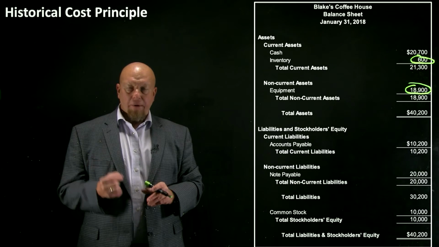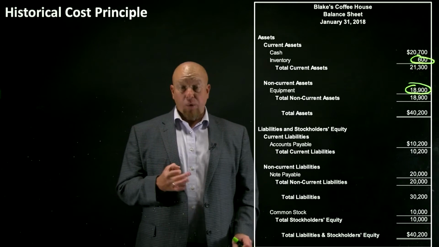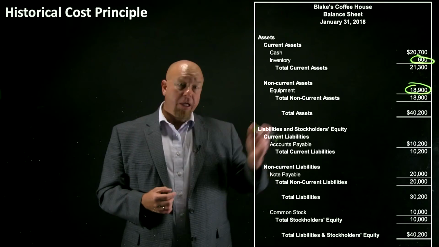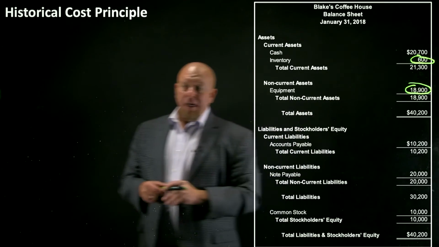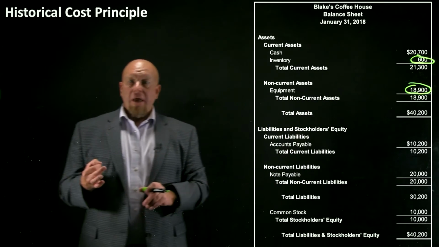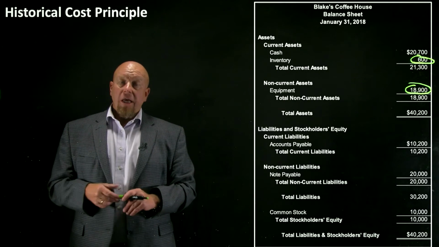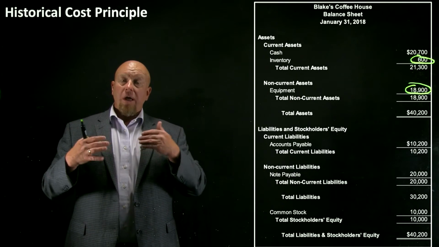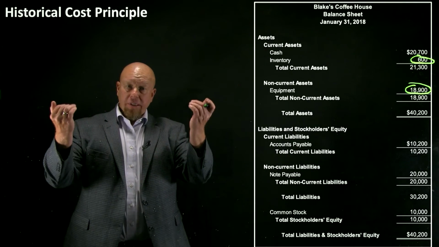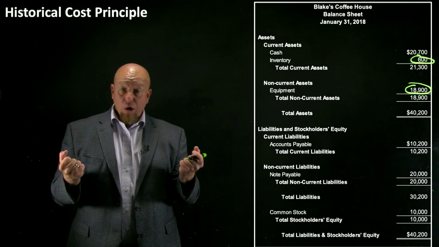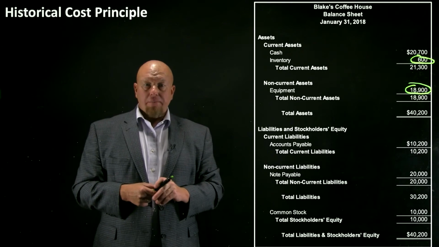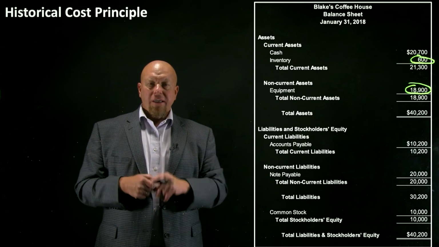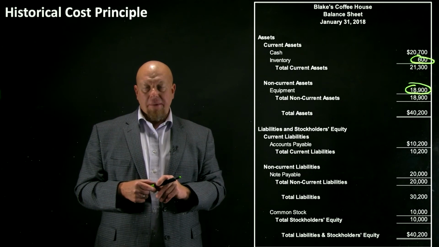It's very verifiable. There are instances where we might decrease the amount of the asset. For example, what if we bought this equipment and a couple of years later it became obsolete or nearly obsolete? We might choose to do what's called impair the asset. So we might record an impairment to bring the asset's value down on the balance sheet, but there are only rare instances where we would ever increase the recorded amount of an asset on the balance sheet.